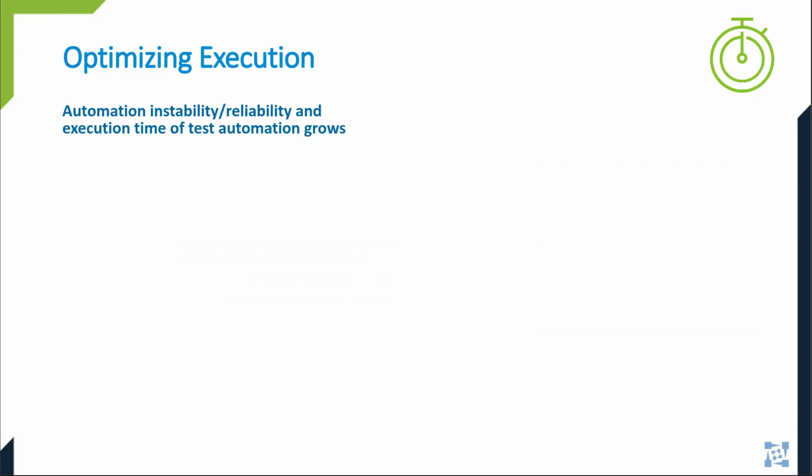When we talk about execution, I'm referring to what it takes to make the tests run and run reliably. First, your application isn't static. Changes in a sprint could significantly impact the user interface or the application workflows. Make sure those changes don't introduce instabilities into your applications, and if they do, you want to address them as quickly as possible.